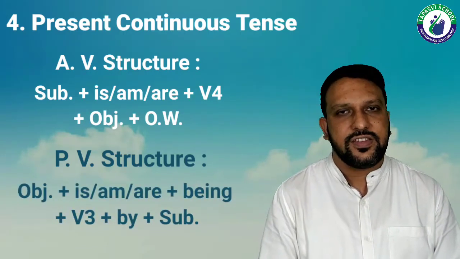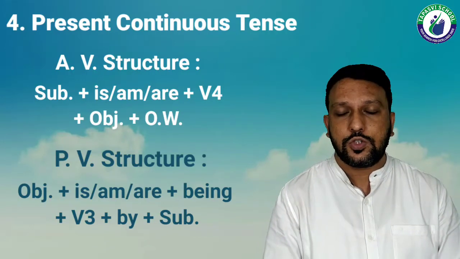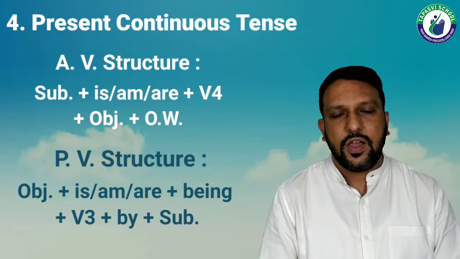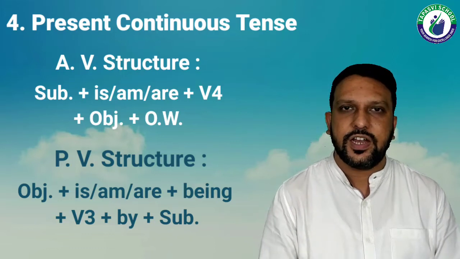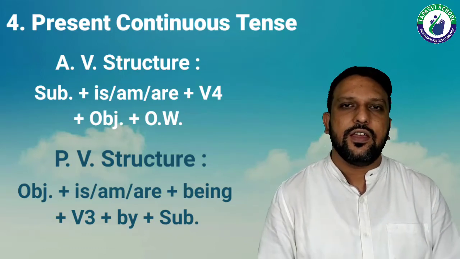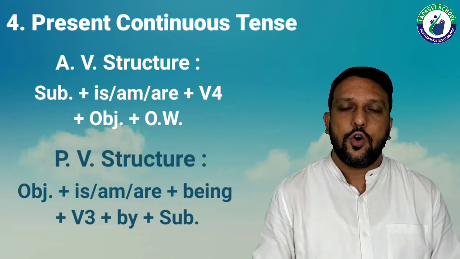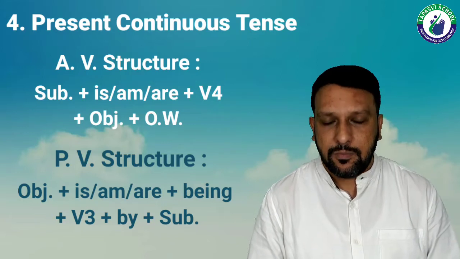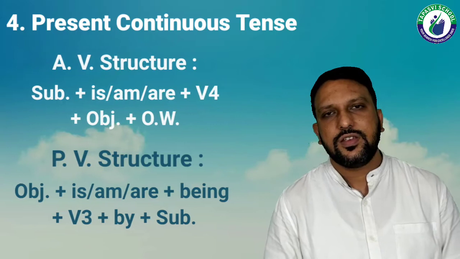Object plus is/am/are plus one another auxiliary that would be added, students, that is being, plus V3 plus by plus subject. Let me quickly recap the passive voice structure: object plus is/am/are plus being plus V3 plus by plus subject.